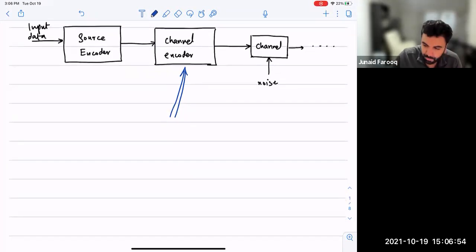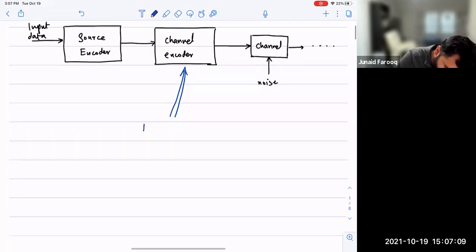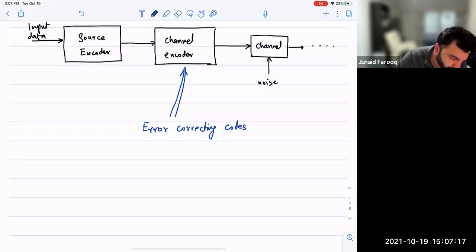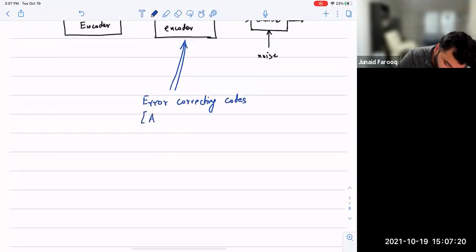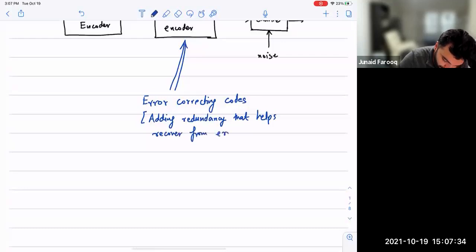Right, if you remember, we added parity bits and we did all sorts of Hamming codes to encode the sequence into a longer sequence that helps in error correction. So the purpose is we do error correcting codes here, and the purpose is really to add redundancy that helps recover from errors.